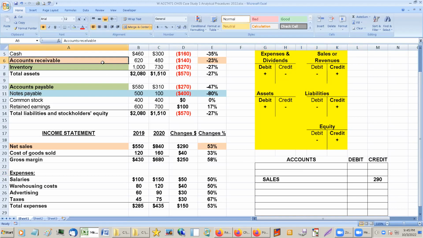So the other side of this is probably not accounts receivable like you'd expect. You'd expect this to be accounts receivable, but it's not, because that dropped. So this isn't what they're doing.